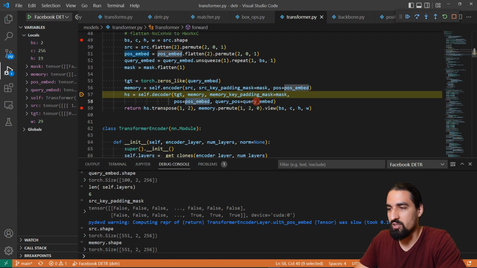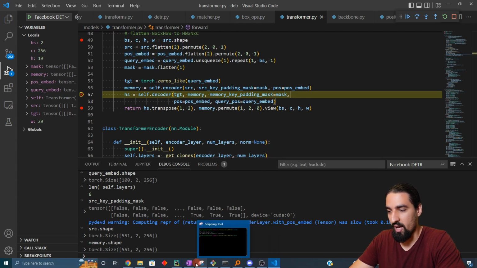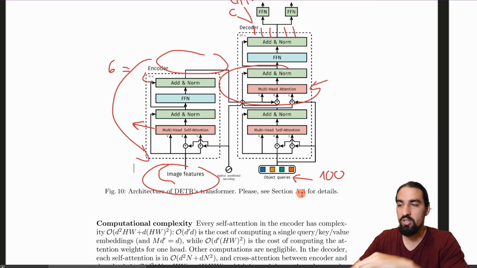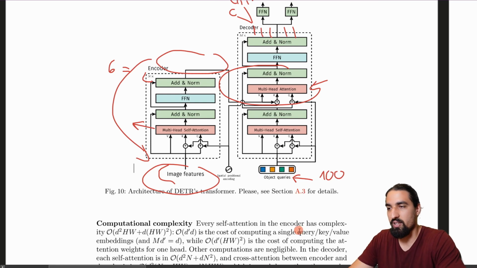Positional embeddings, query vectors, a bunch of details there. Basically everything that we have in this image here is going to be passed into the decoder. So object queries, positional encodings, memory, target tokens, which are not displayed here but are all zeros initially. All of that needs to be passed into the decoder layer.